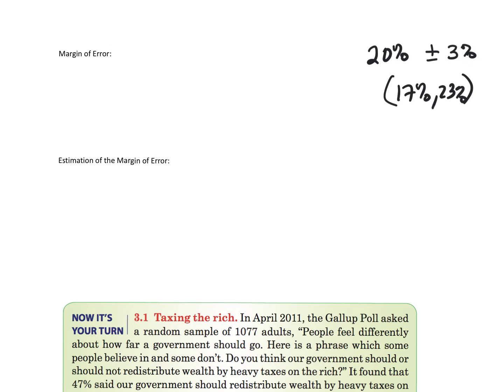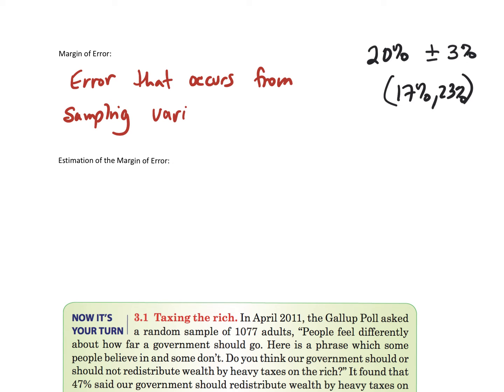Now, whenever you hear margin of error, a lot of times you might hear that that's something you did wrong, but that's not necessarily the case. The margin of error is the error that occurs from sampling variability. So if you remember, sampling variability is just going to be that each sample is not going to be the same. Each sample you sample is going to be somewhat different.